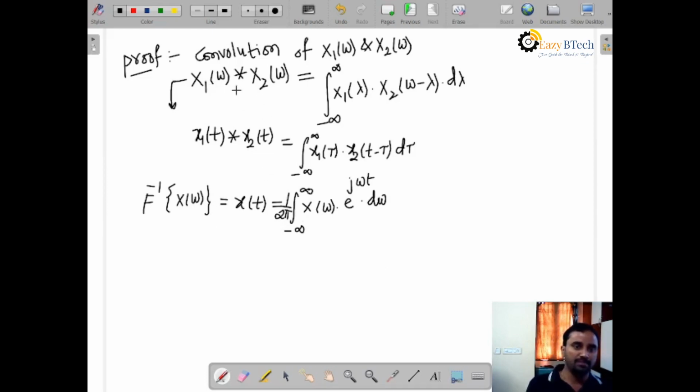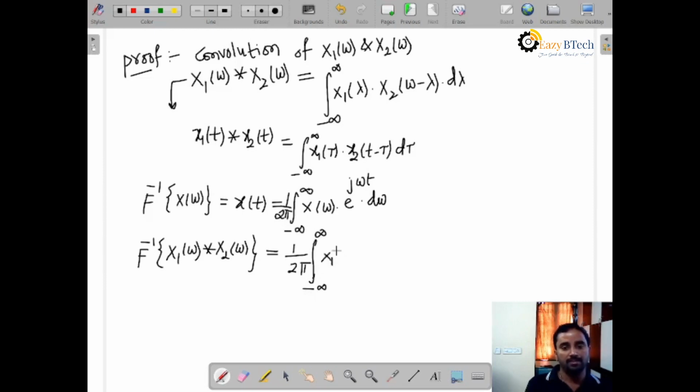So the inverse Fourier transform of x1 of omega convolution x2 of omega. How to write? As like the inverse Fourier transform of x of omega. So in the integral we have x1 of omega convolution x2 of omega, that's all. If you understand this step, the remaining is easy.